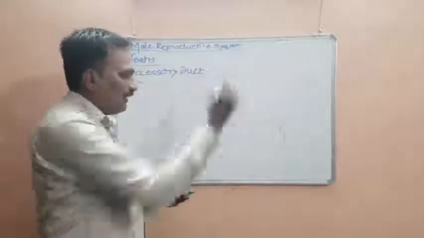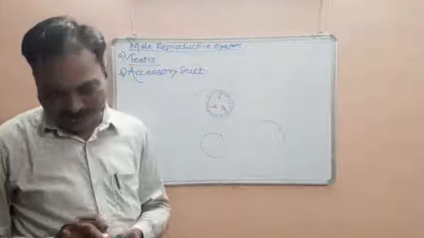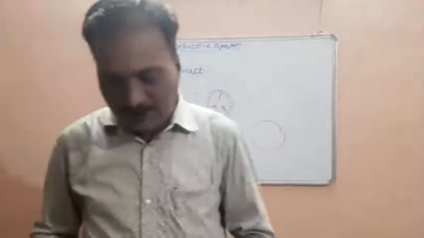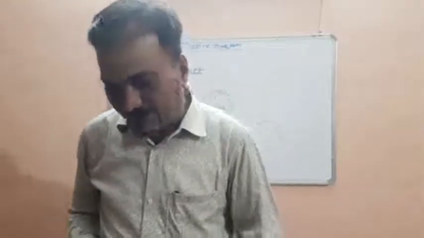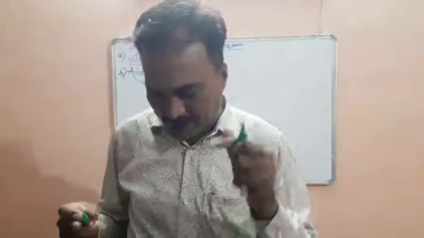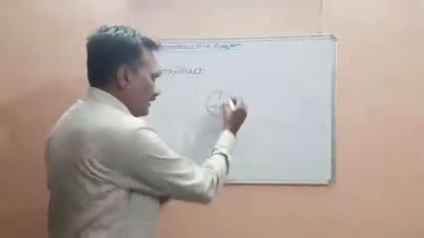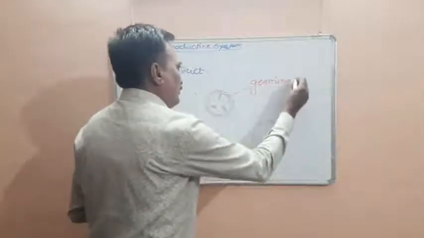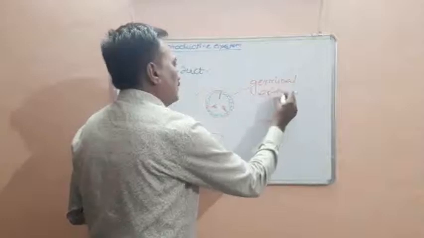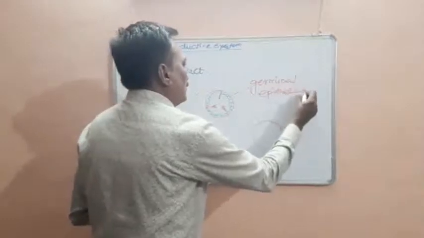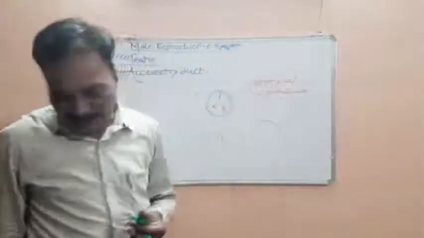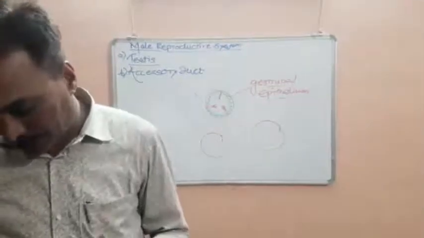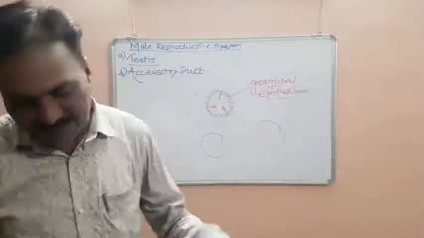You have to concentrate on the structure of the seminiferous tubule. Each seminiferous tubule has interstitial cells in between, and it has a germinal epithelium. These are the germinal epithelial cells, also called spermatogonial cells.